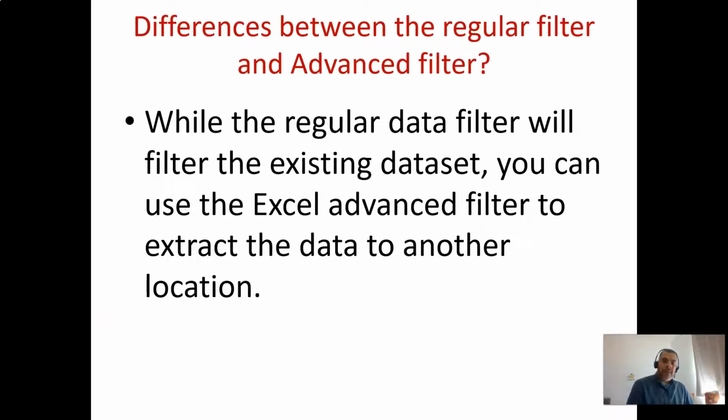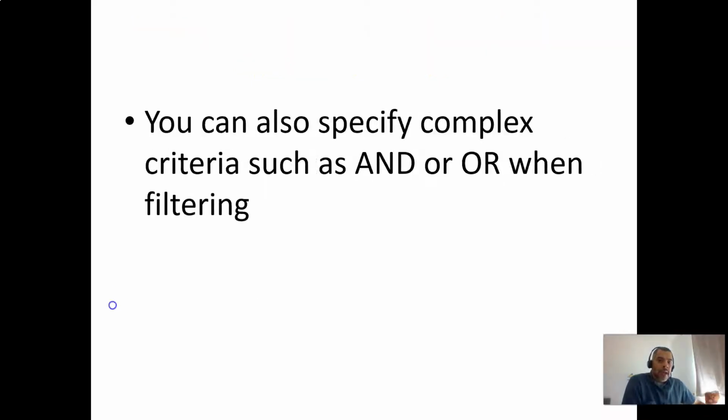What are the main differences between this one and that one? Well, with the regular filter, you can filter out an existing data set. You can use the advanced one in Excel to extract the data to another location. You can also specify complex criteria such as AND or OR filtering as well. Okay, so let's hop to it and take a quick look at what's going on.